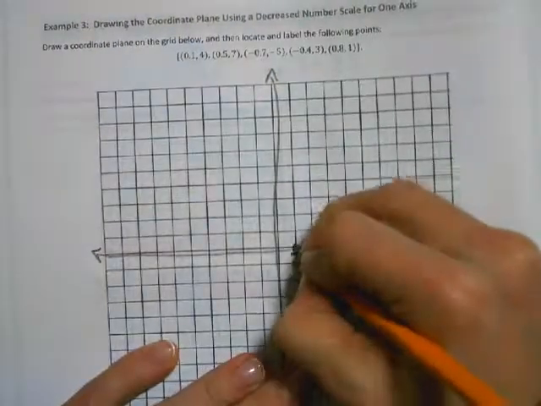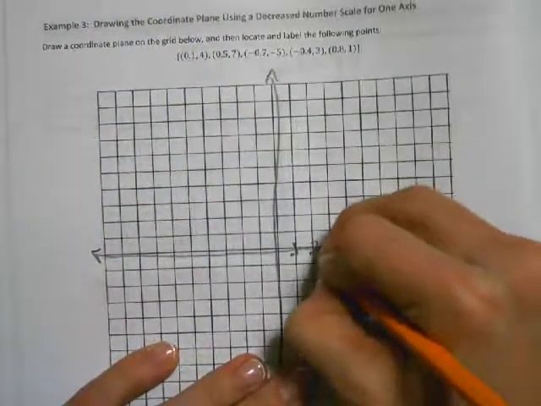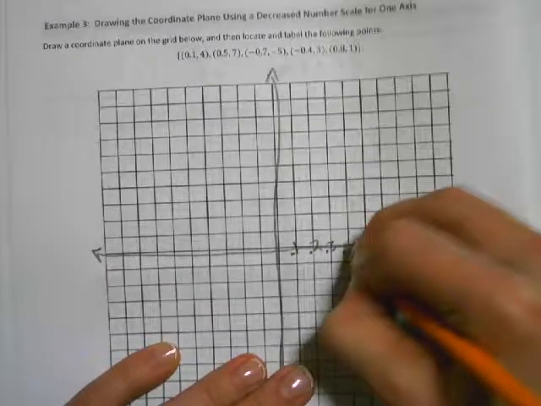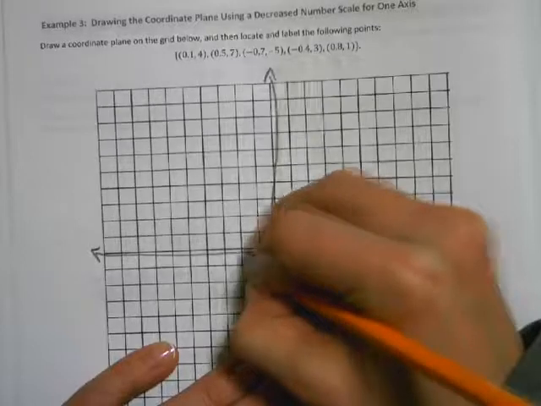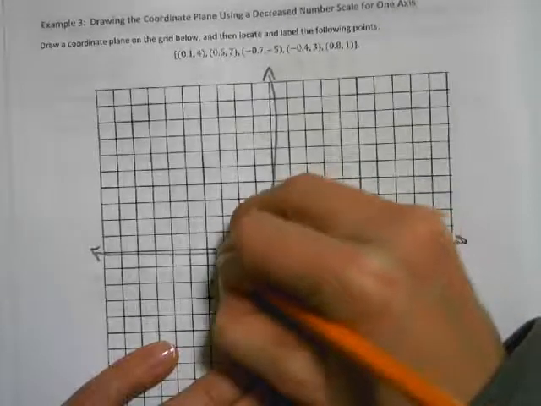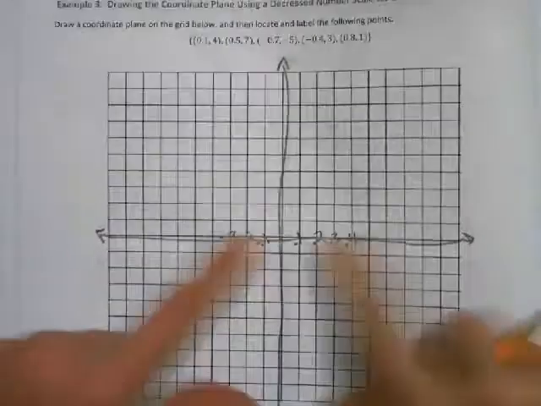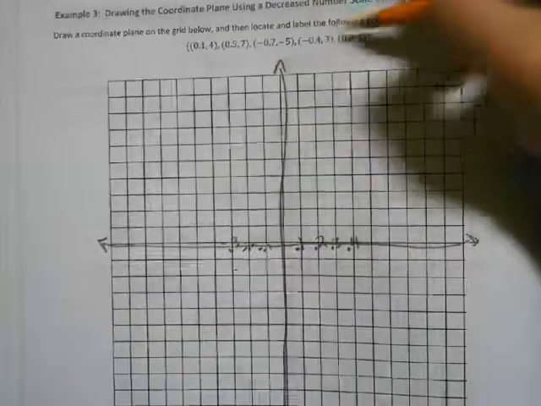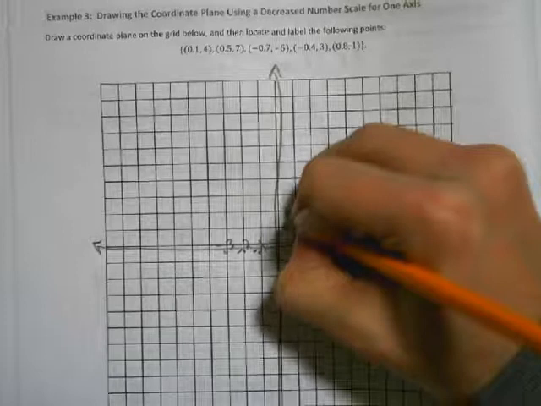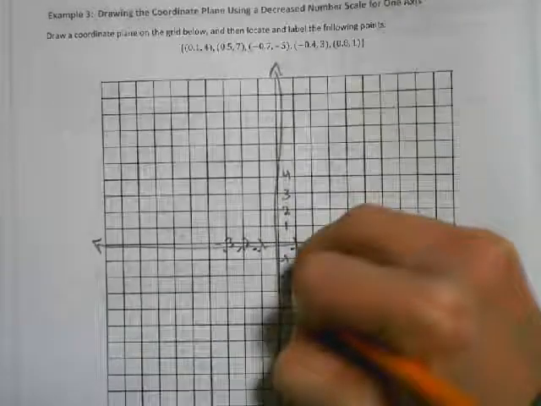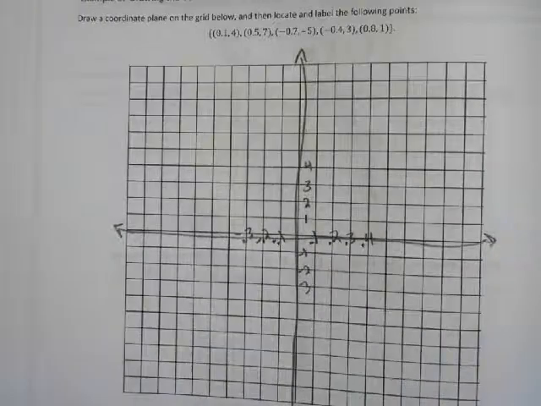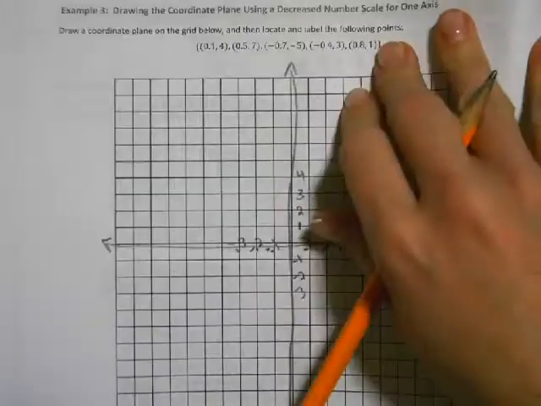So this will be a 0.1, 0.2, 0.3, 0.4, and negative 0.1, negative 0.2, negative 0.3. You'll finish that one out. And then looking at the y's, you're going to count by ones with the y's. Negative 1, negative 2, negative 3, and so on.